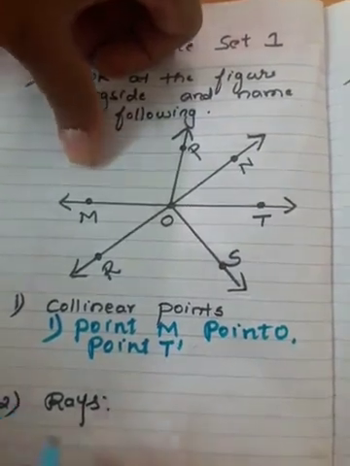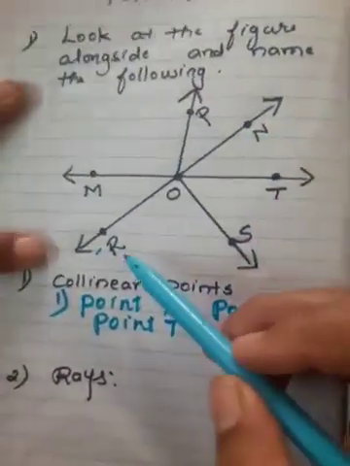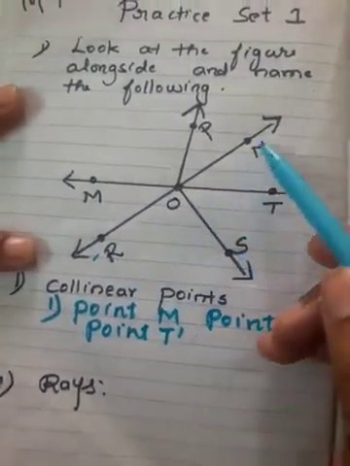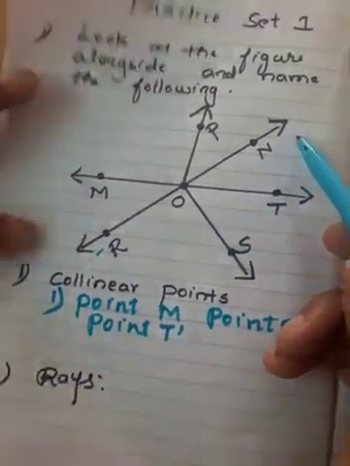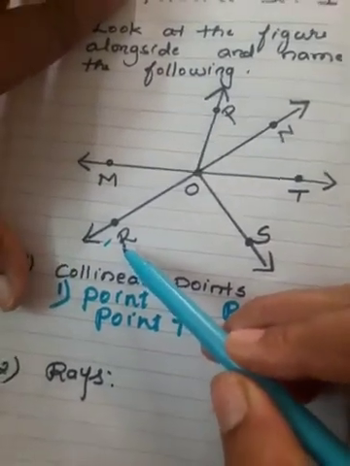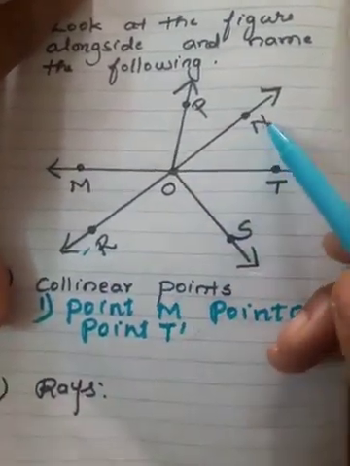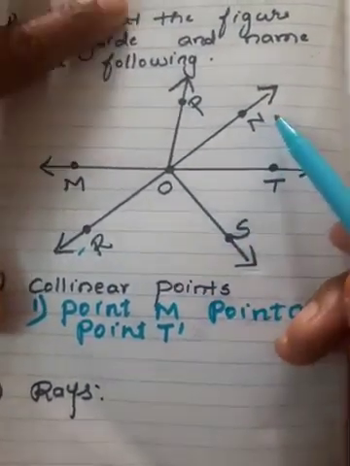Now look at this figure, this line. So here also you can see 3 points on the line. Correct? So which are the collinear points here? Point R, point O and point N are the collinear points because all the points are on the same line.